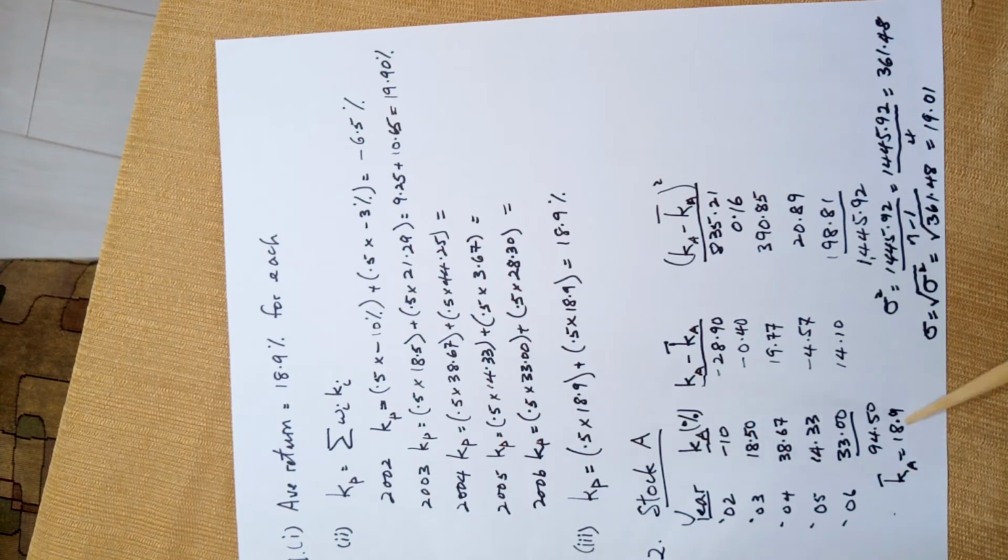This is the average return for the period. So we notice that the individual years' returns are all different from each other, and they are also different from the average. So we want to find how do the yearly returns vary. So we set up another column, the return minus the average return, and we take away 18.9 from each of these, just as it is stated here, and we get these numbers.